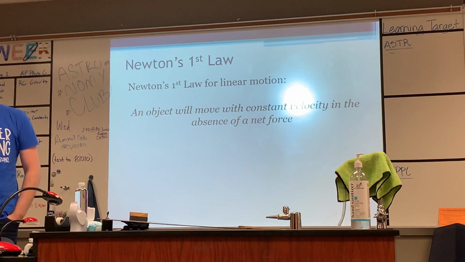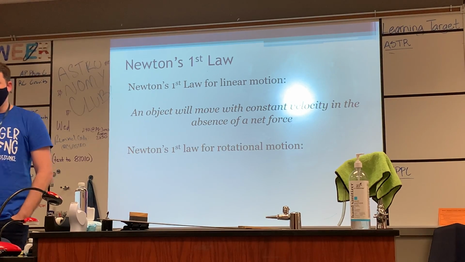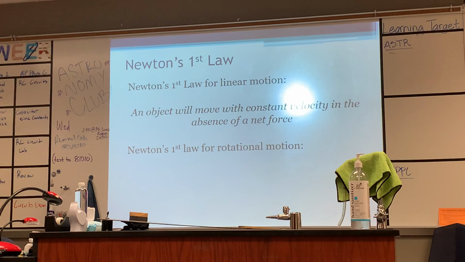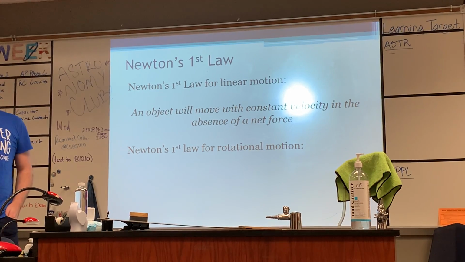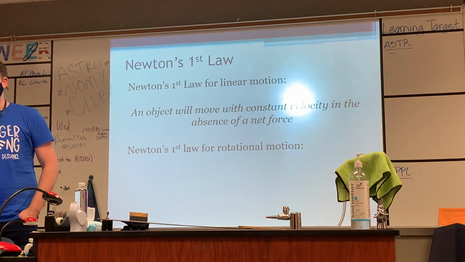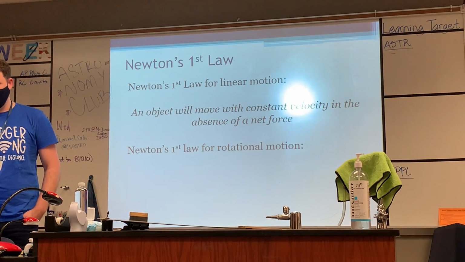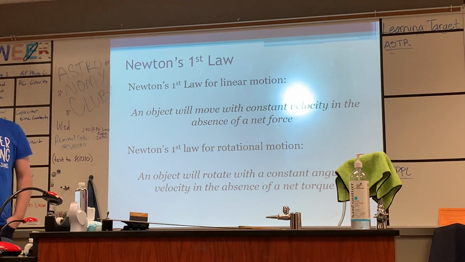Anybody want to venture a guess at what the rotational version of Newton's first law is? What would be Newton's first law for rotation? An object will rotate with a constant angular velocity in the absence of a net torque.